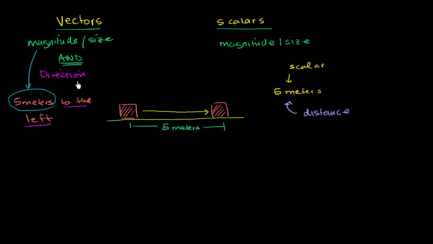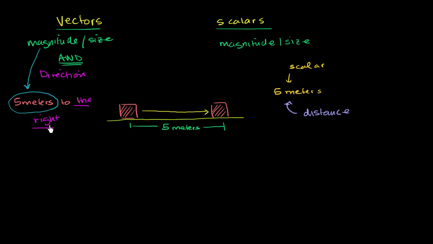Oh, sorry, it should be 5 meters to the right. Let me change that. So that's the direction, to the right is what it got moved. It started here. It went 5 meters to the right. So once again, the magnitude is 5 meters. And the direction is to the right.